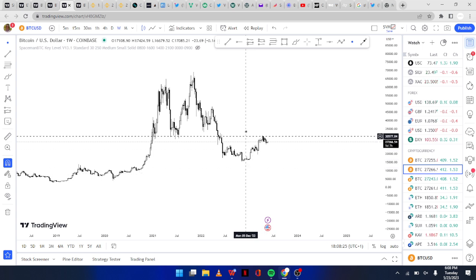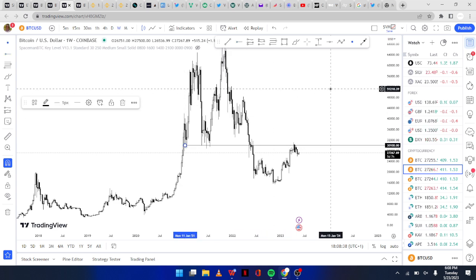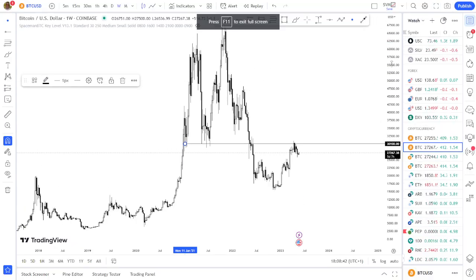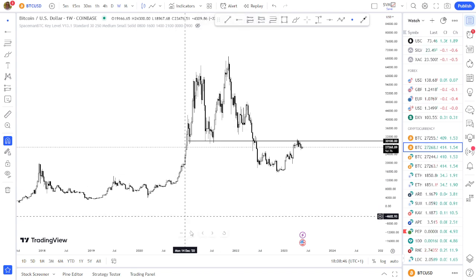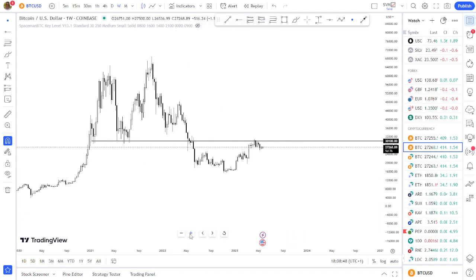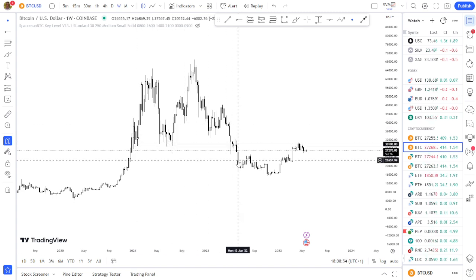So now starting with the bearish scenario, that's the one I've always been talking about, most especially on my page. The first thing to look out for is this support and resistance, SR level we have here. This was support, broke below, now retesting.